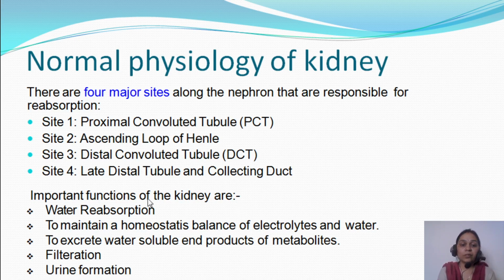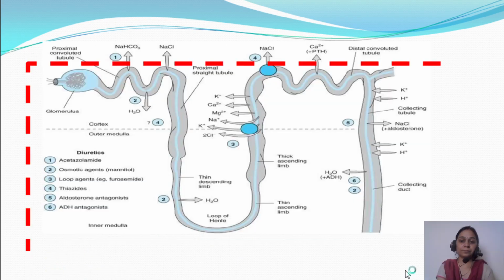An important function of the kidney is water reabsorption to maintain a homeostatic balance of electrolytes and water, to excrete water soluble metabolites, and filtration and urine formation. This is the structure of nephron, which is the basic unit of kidney.